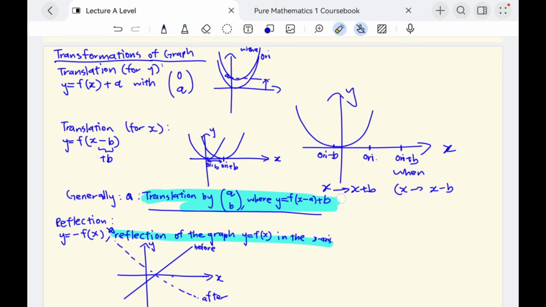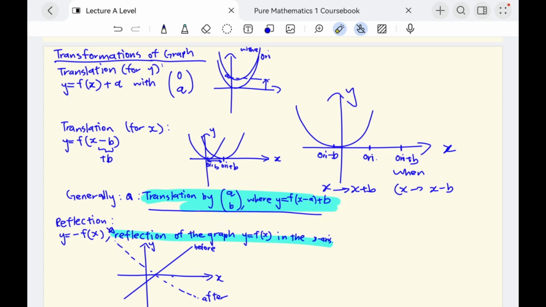So generally, the transformation of the graph by the vector (a, b) is y equals to f(x minus a) plus b, where a positive moves to the right side, and b positive moves upwards.